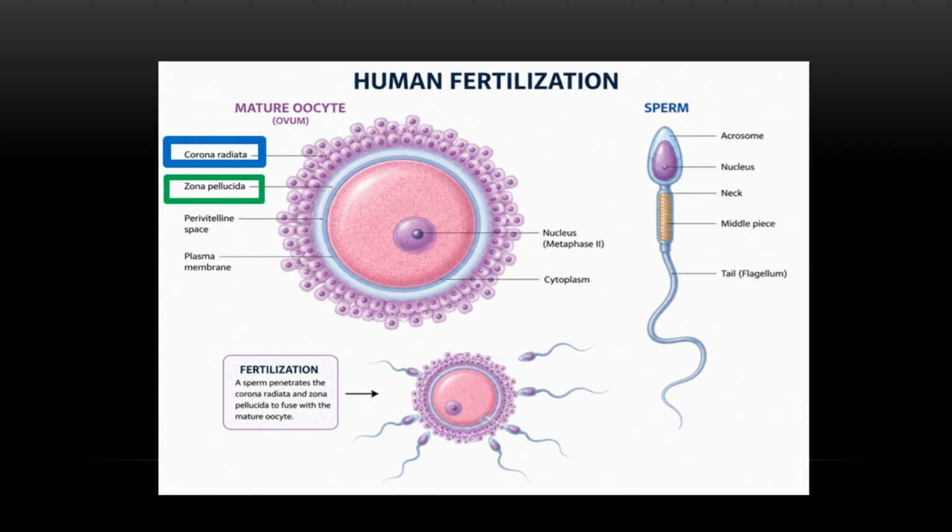This will lead to the acrosome reaction with the help of multiple factors like zona pellucida glycoprotein, calcium ions, sperm plasma membrane, progesterone, and prostaglandins, resulting in release of enzymes that lyse the zona pellucida.